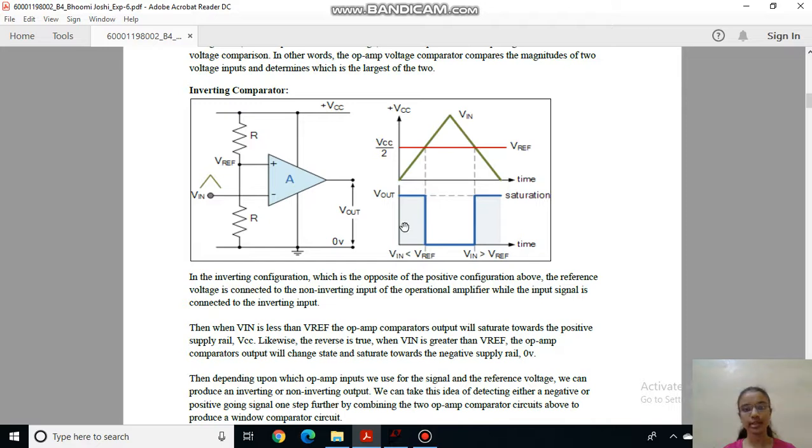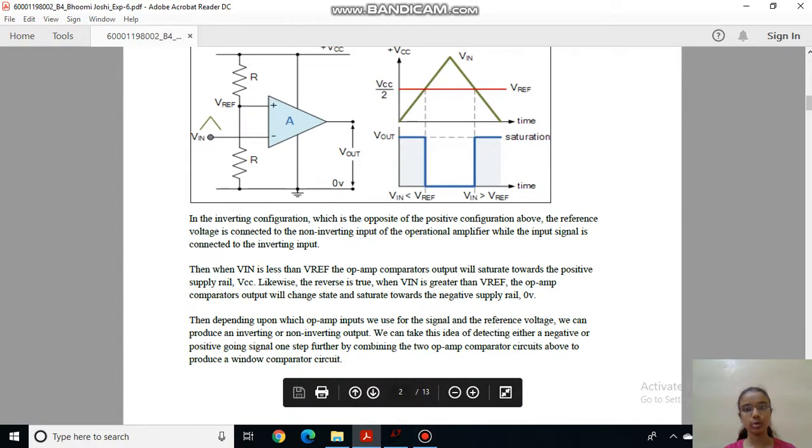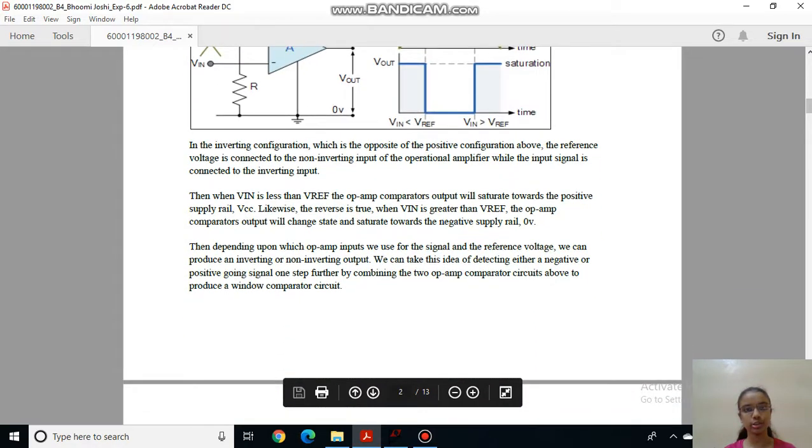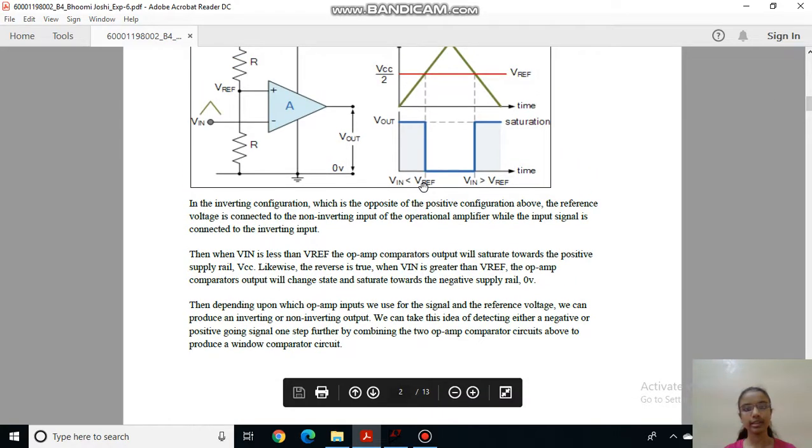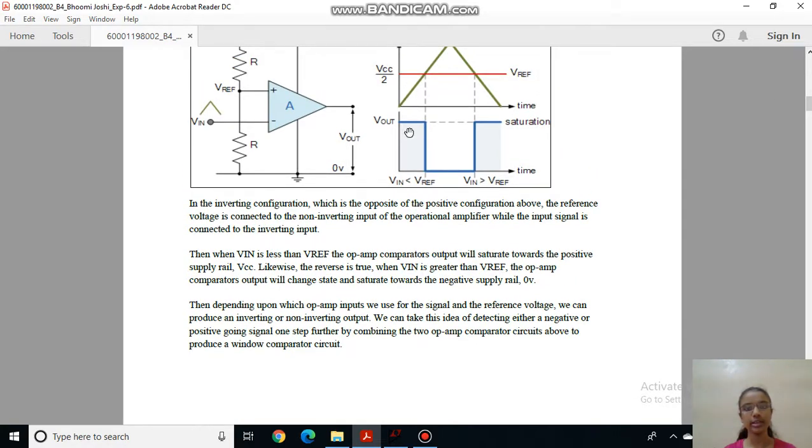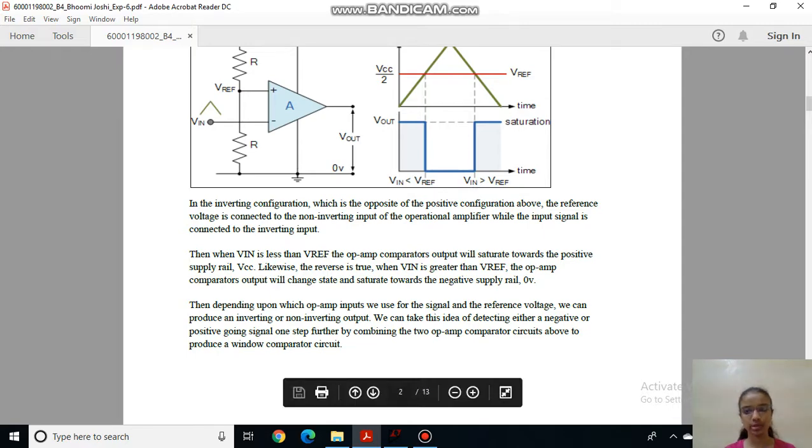So here also, in case of op-amp, we will get output as positive saturation and negative saturation. So as you can see, whenever input voltage is less than V reference, we are getting output as positive saturation, and whenever input voltage is greater than V reference, we are getting output as negative saturation.